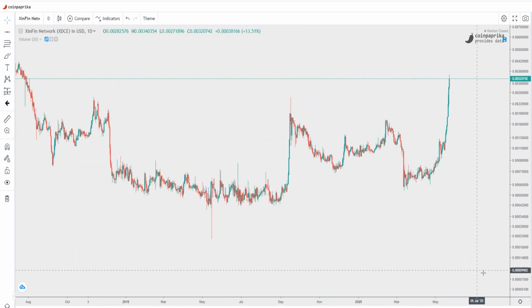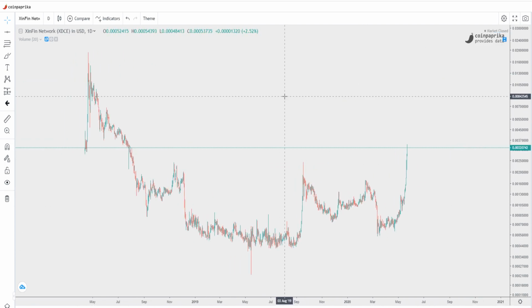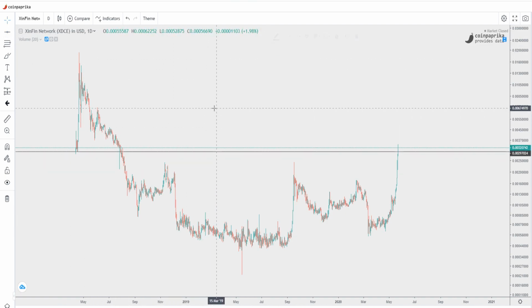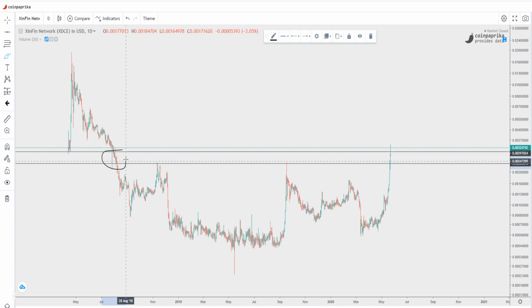Let me see what else we have. Okay, so here we had another two strong levels that are very significant, and are also levels of transition. Yes, here it is. As you can see, in this range we had almost no stopping power from both sides.